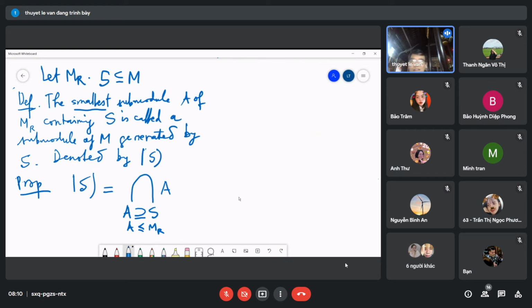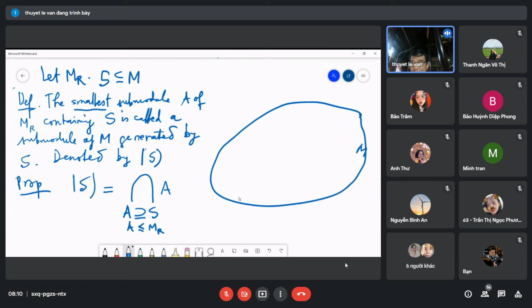I can draw this; it is not hard to prove. The intersection of submodules is a submodule. For example, I draw M here and S here.